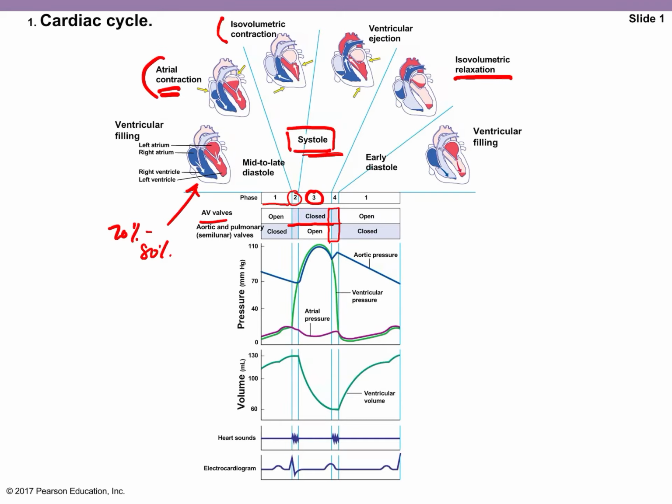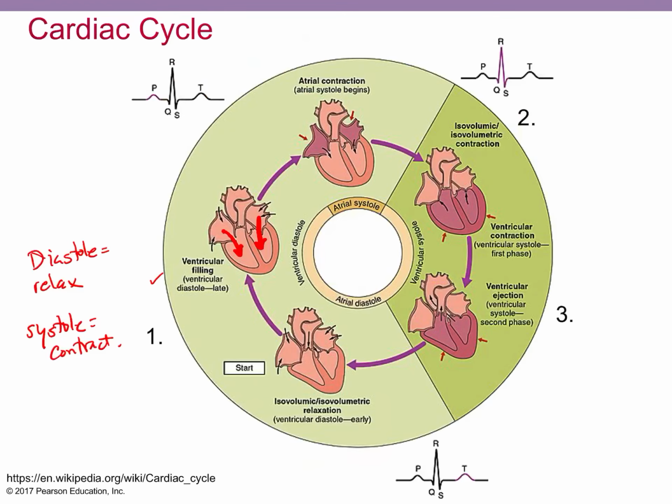The reason the semilunar valves are closed at this point is because there's pressure coming back from the pulmonary trunk and also the aorta, and that pressure coming back in is closing those valves. That pressure coming in from the aorta and pulmonary trunk is called afterload.